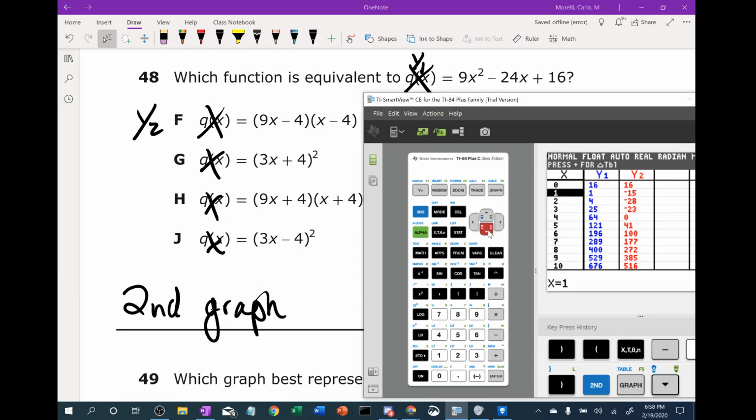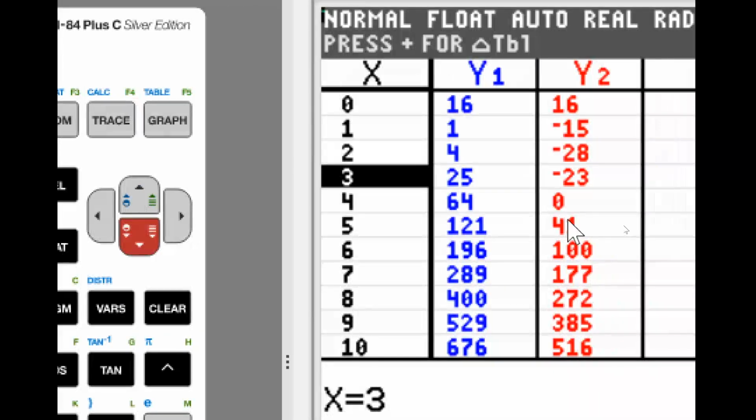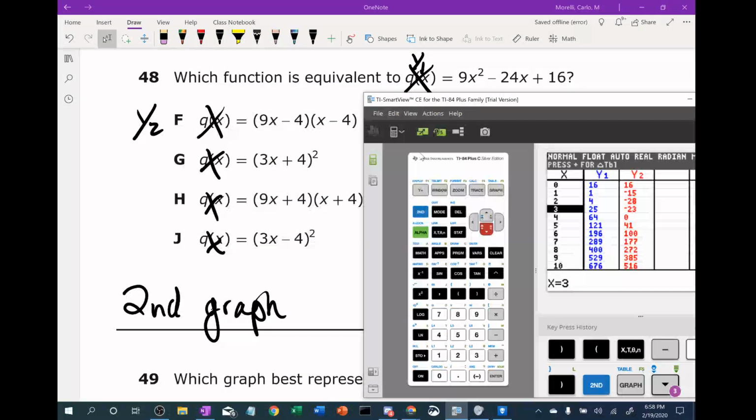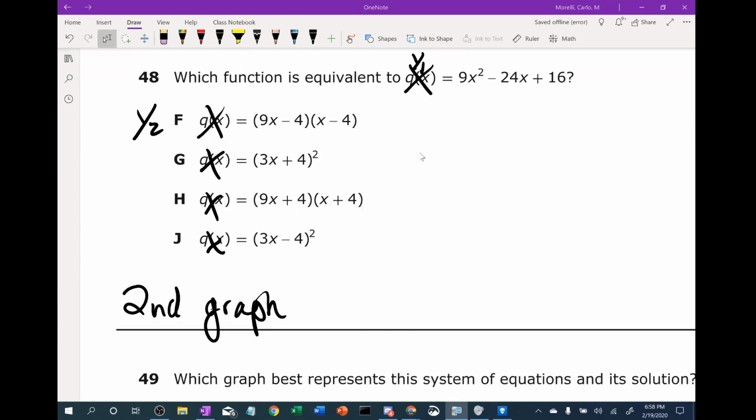We see here that these do not match. See these rows? These rows don't match up, so it's not F. Let's try G.